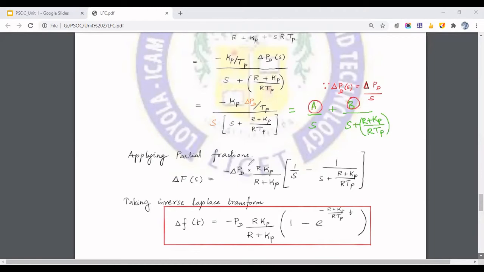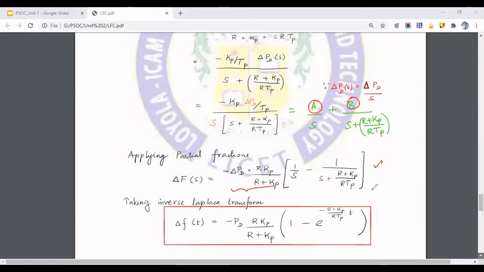After finding the values of A and B, and on substitution, delta f of s happens to be the one that you find here. And now take the inverse Laplace transform. So this is a constant, so I write it as such. The inverse Laplace transform of 1 by s is 1.